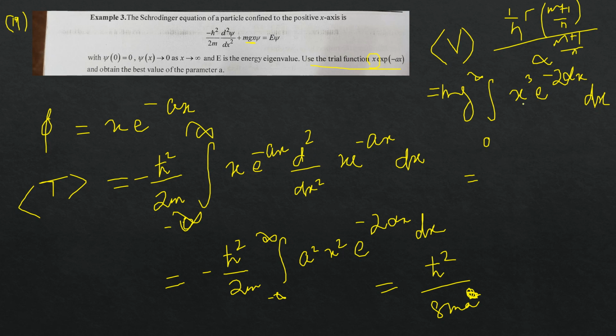This is m, this is n. So mg into 1 by 2 gamma of (4 plus 3 plus 1) by 2, that is 4 by 2, that is 2.